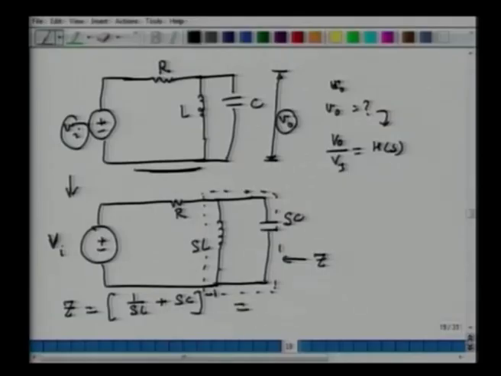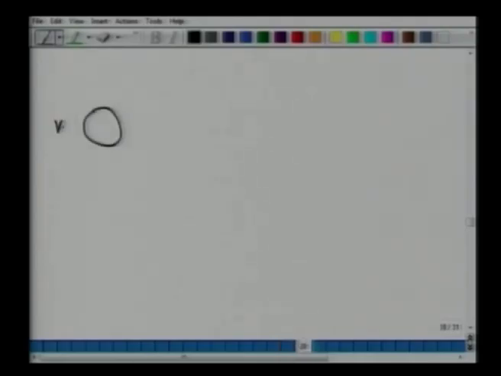What I get is 1 plus s squared CL over sL, which is sL over, oh, I have to take the inverse of this, 1 plus s squared CL. So I make another circuit.